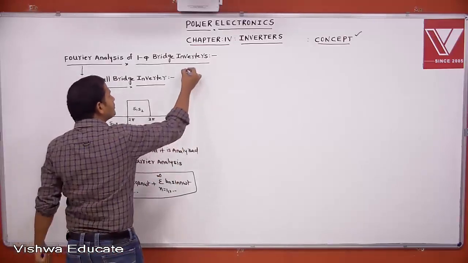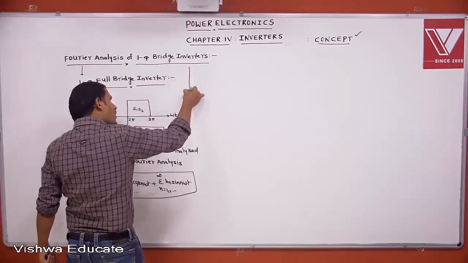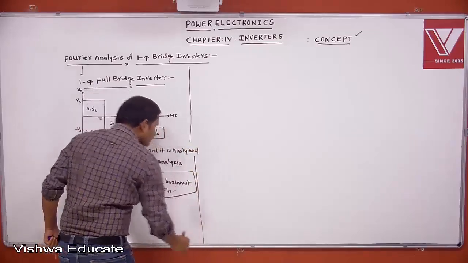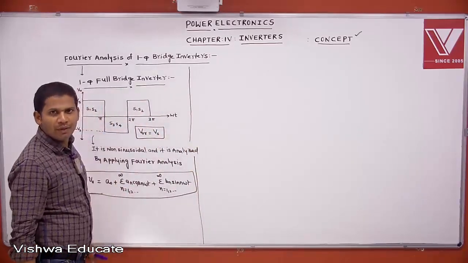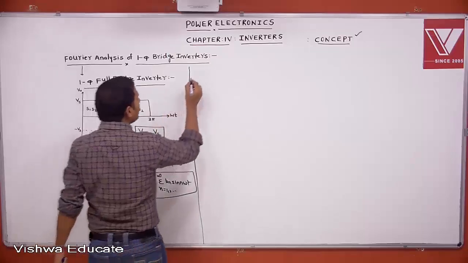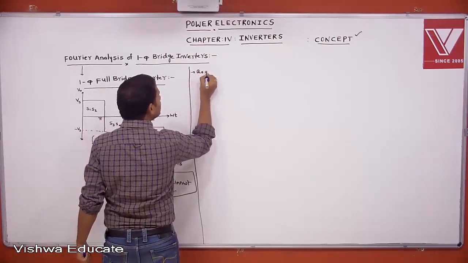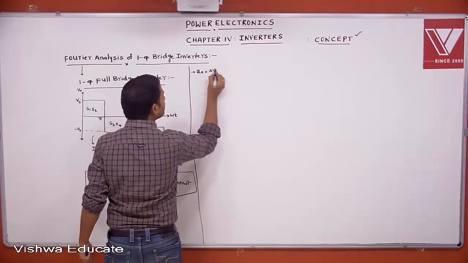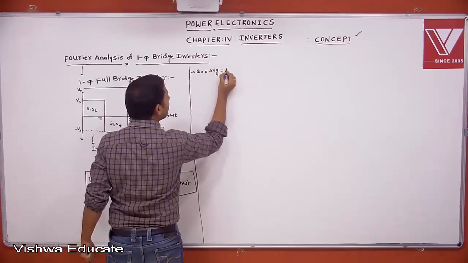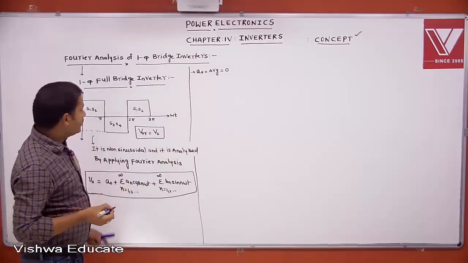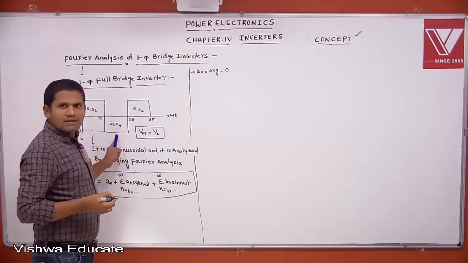Tell me. Whatever the waveform we are getting in a full bridge inverter, it is a symmetrical waveform. Because of symmetry, what is A0 called? A0 is the DC value, the average. This value equals 0 because of symmetry. Then you know the formulas of An and Bn.